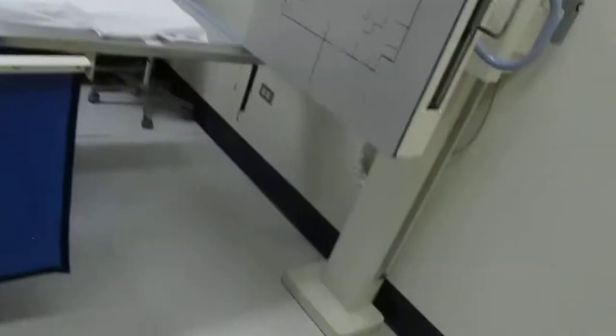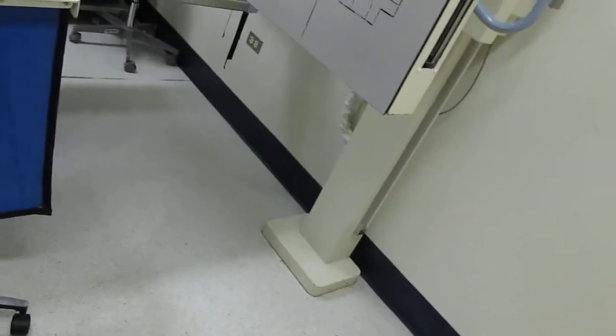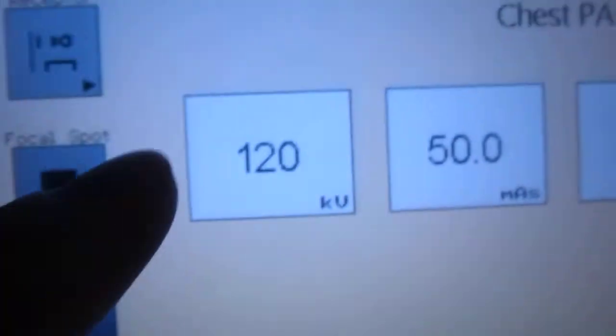I would choose a PA and a lateral, but I'm not going to use the computer right now because it's busy. So my technique is photo time, but I would choose 105 and 5 roughly. So I'm gonna go get the patient now.